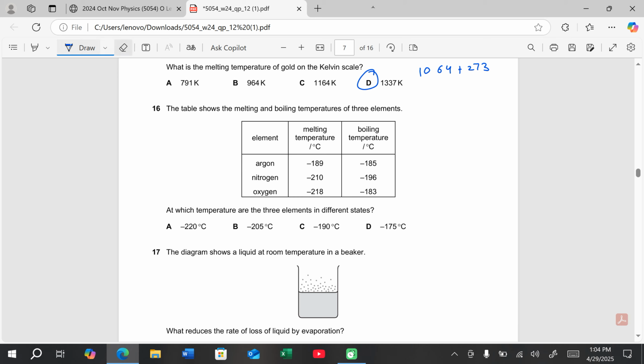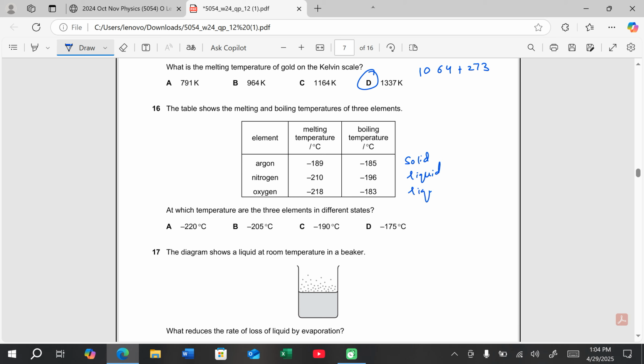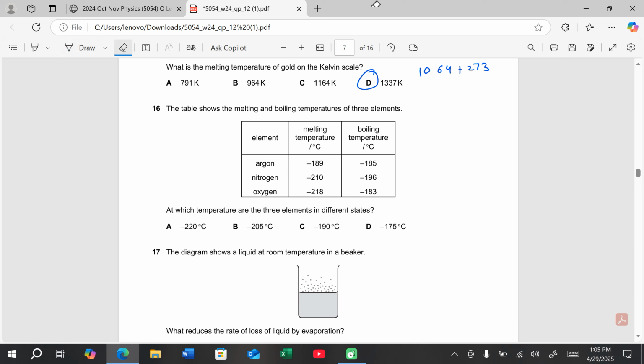B is minus 205. Again, this is solid, but this is liquid since it has reached its melting point, so it's a liquid now. And for oxygen, that's liquid as well, so that's not three different states, so that's wrong as well. Let's move on to C. It says minus 90, minus 190.